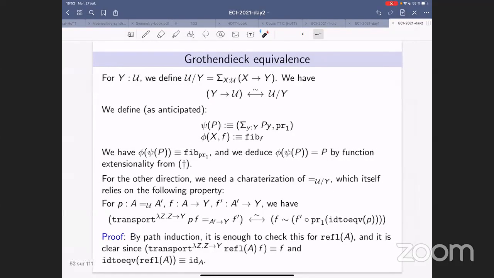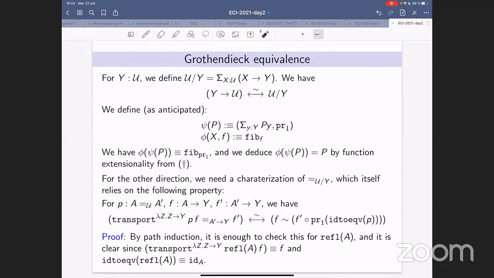Okay, so here's the theorem. The type of all functions from y to u, so the type of type families indexed by y, is equivalent to this type here, which is the type of a pair of a type x and a function from x to y.